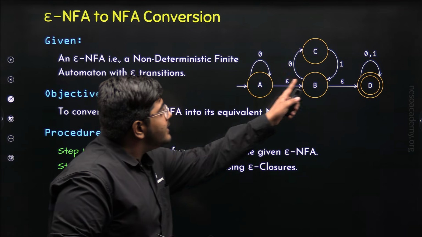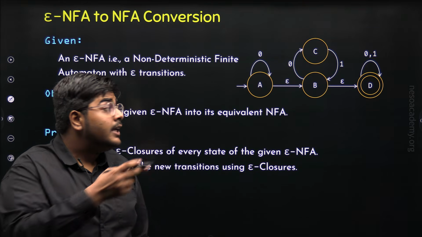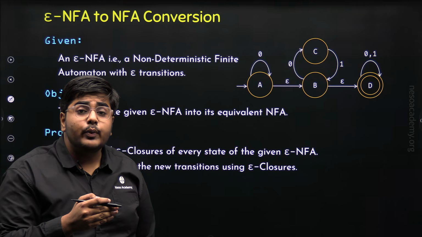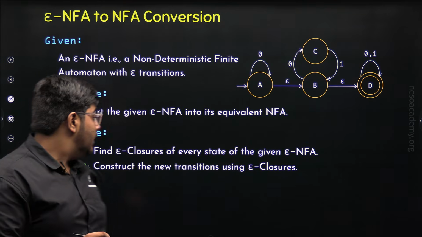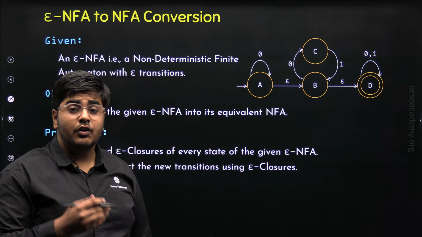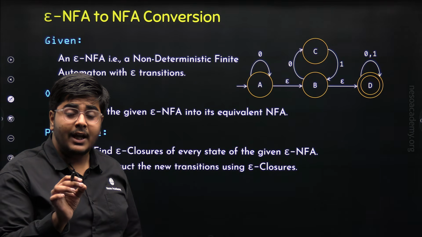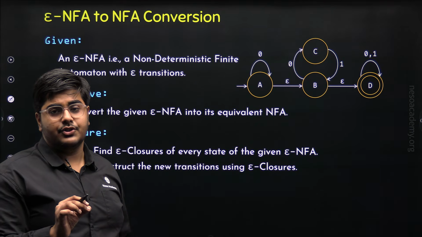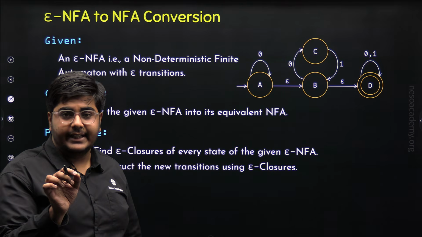So these are the transitions of this epsilon NFA, but we need to convert this epsilon NFA into its equivalent NFA. That is why we need to create the new transitions for our resulting NFA. And this is the most important and prominent step of this conversion. Don't worry, we will understand this step in detail.